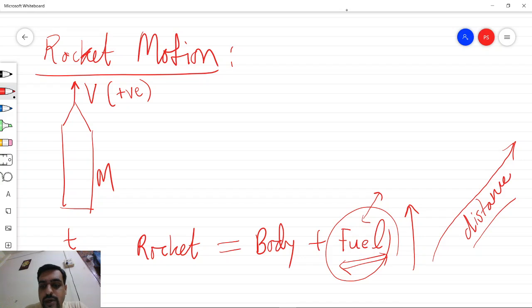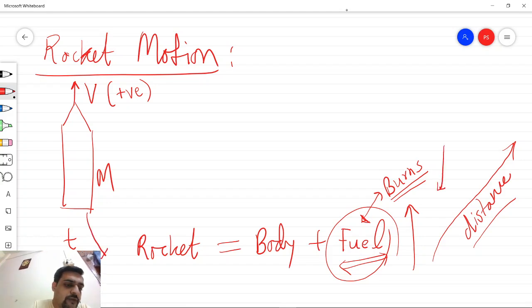And as the fuel burns, it is thrown out in the form of exhaust gas, which pushes the rocket in the opposite direction. But as a result, since this fuel burns out, the mass of the rocket goes on decreasing as it moves ahead.